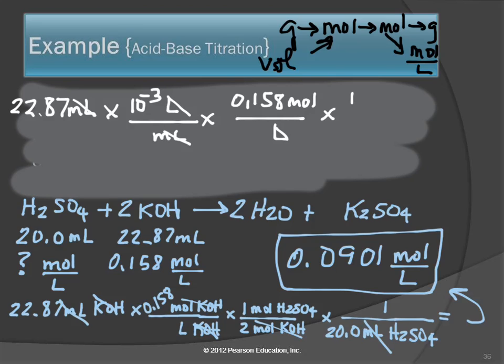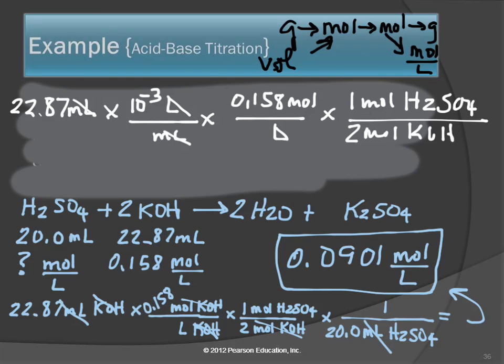And then we're going to do the 1 mole KOH per 2 moles H2SO4, and the moles cancel out. No, sorry. Okay, back up. What's wrong with that? I put the things in the wrong place. Wait a minute, H2SO4 goes on the top. 2 moles of KOH, that's better. So the moles cancel here.